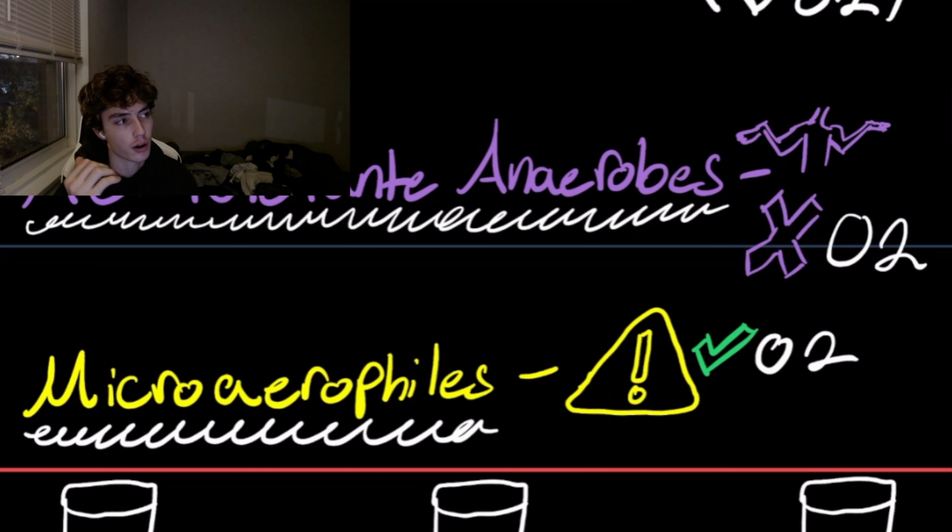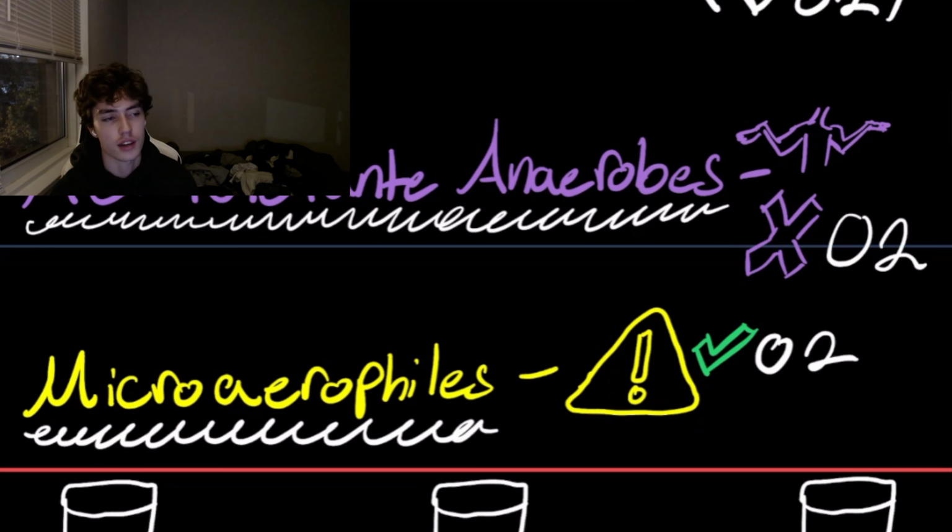I talked about the vagina a little bit in my pH video. The vagina usually sits at a pH of around 3.5 to 4.5, and this creates an acidic environment that protects against pathogens. Lactobacillus species are aerotolerant anaerobes.